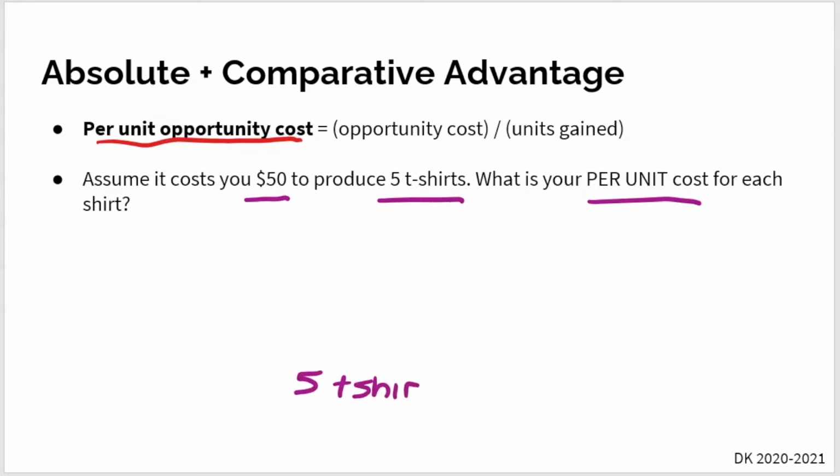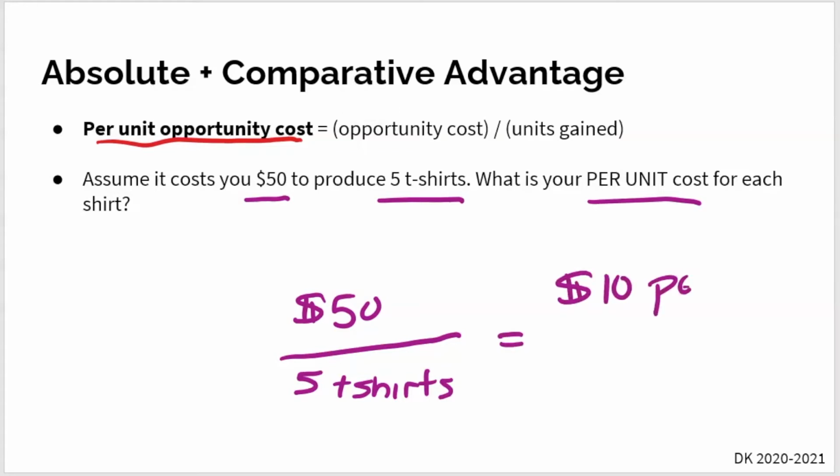Then to gain those 5 t-shirts, what exactly are we giving up? We're giving up $50. And now it's just a simple math problem, right? 50 over 5. So here we can say that it's going to cost $10 per shirt, and that is our per unit cost for each shirt.